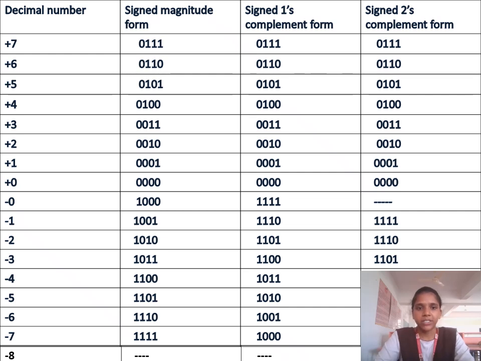For minus 1, it is represented as 1001 in sign magnitude form, and in signed 1's complement, it means the complement of plus 1, which is 1110. And in 2's complement, minus 1 is represented as the 2's complement of plus 1, 0001, which is 1111. This is how we represent it.